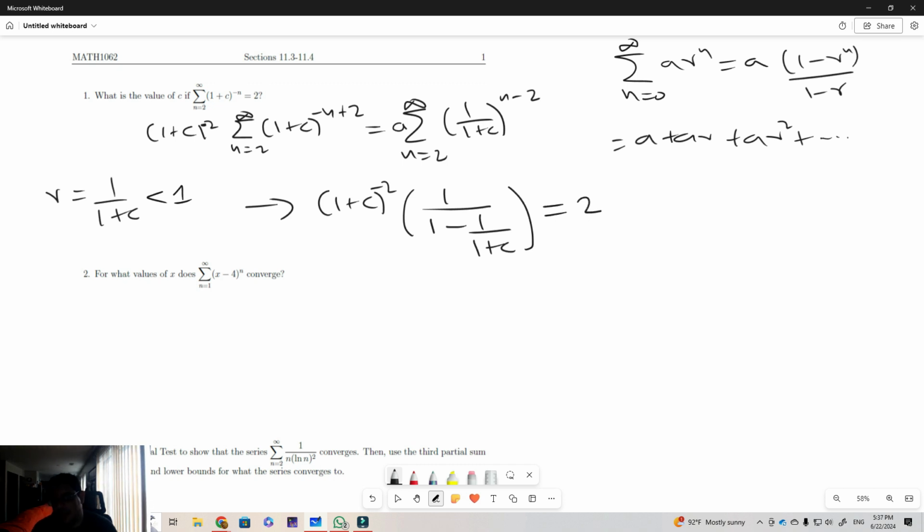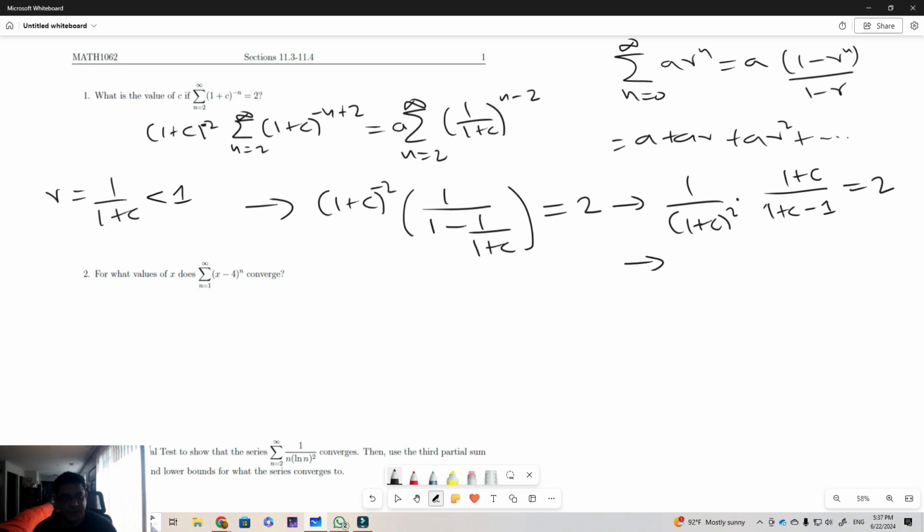Now this has to be equal to 2, so we have to solve this equation. This implies that (1 plus c) squared times, let's simplify a little bit, 1 plus c minus 1 over 1 plus c, and I'm going to put this 1 plus c at the top, is equal to 2.